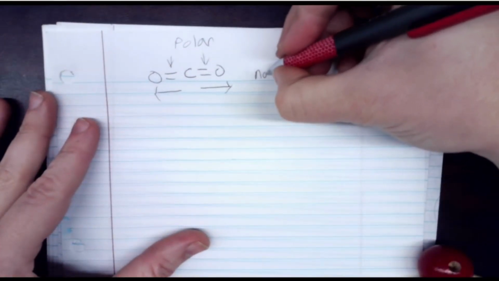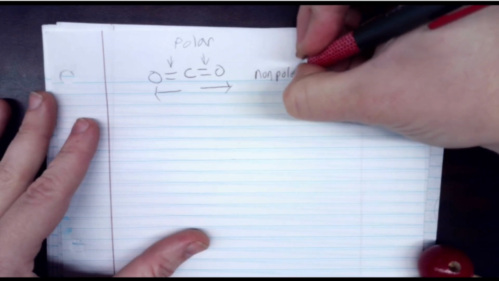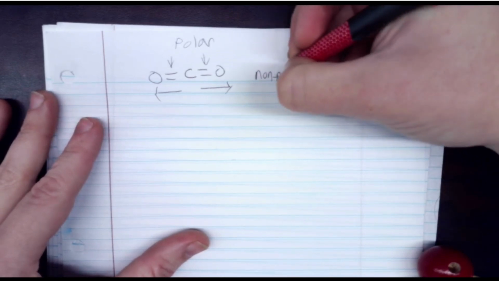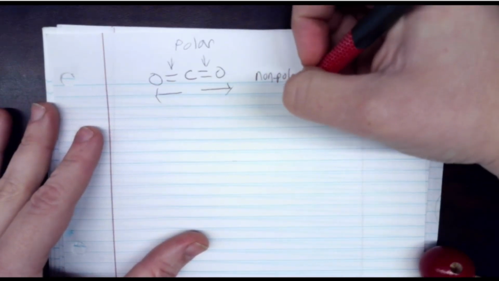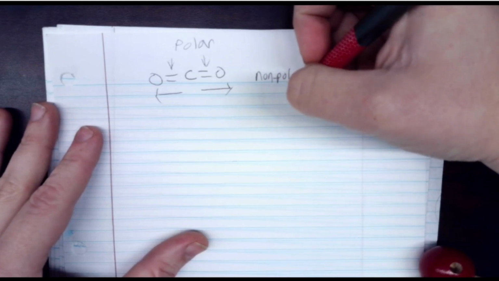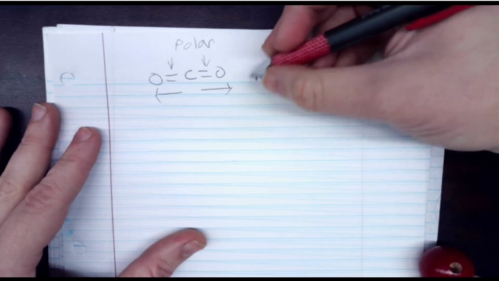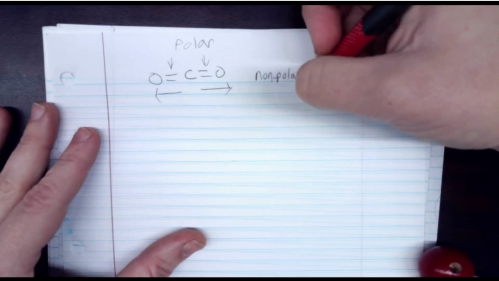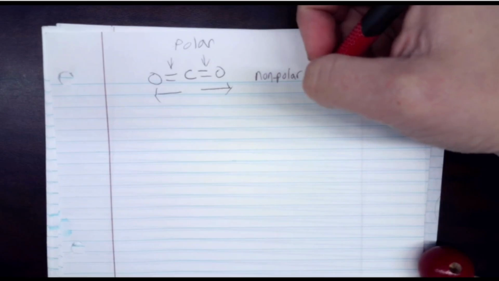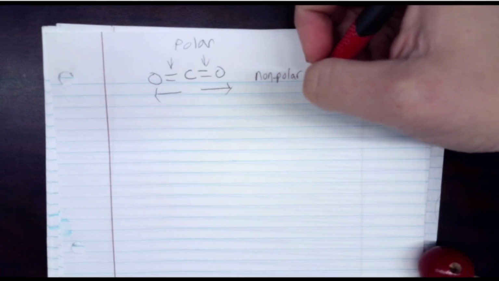It's a non-polar molecule. CO2 is particularly non-reactive with many things because of that. It's not polar. It wants to be polar, but it's not, so it extinguishes our fires because it doesn't really react.